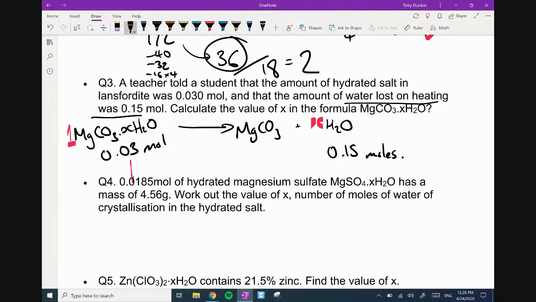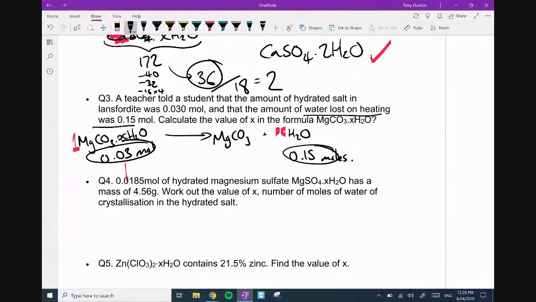Well, hang on a minute. They've actually given us moles. So what's the ratio between these two? Well, how cool, this could be quite cool. This moles here is unknown. But we can divide them all, at least these two, by the smallest. So if I divide that by 0.03 and that by 0.03, so 0.15 divided by 0.03, I get exactly 5.